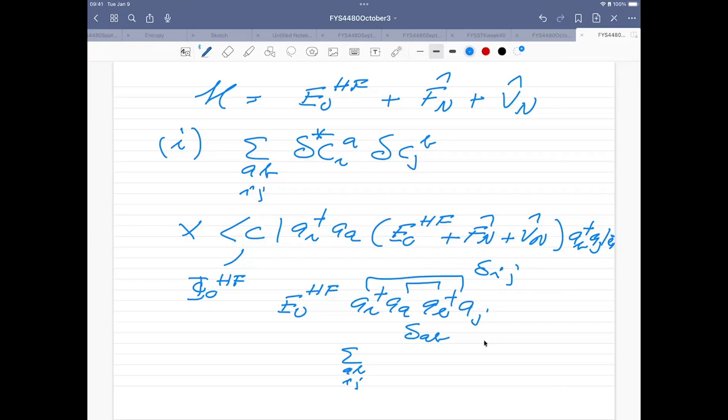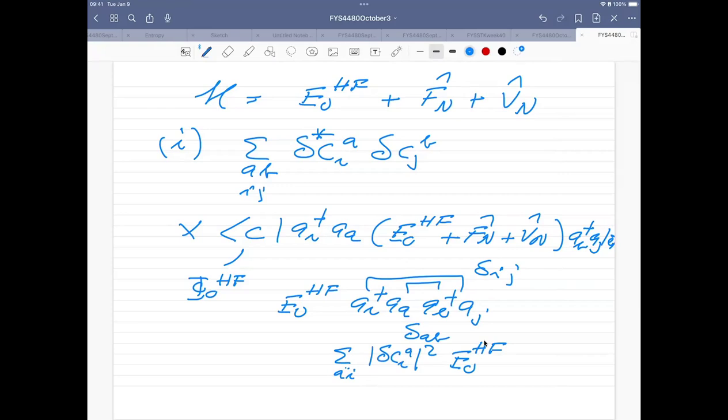So if you look at the sum here, this is simply going to be given by a single sum, so a, i. Sorry for that. So I have an a, i, and then I have the coefficient delta c_i a squared times E0 Hartree-Fock, which is just a constant. That's what I get here.